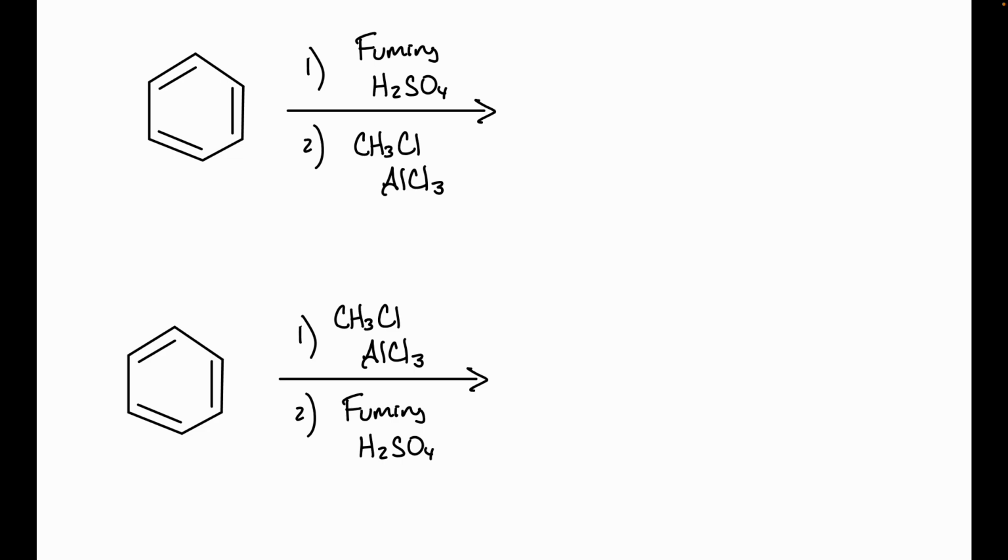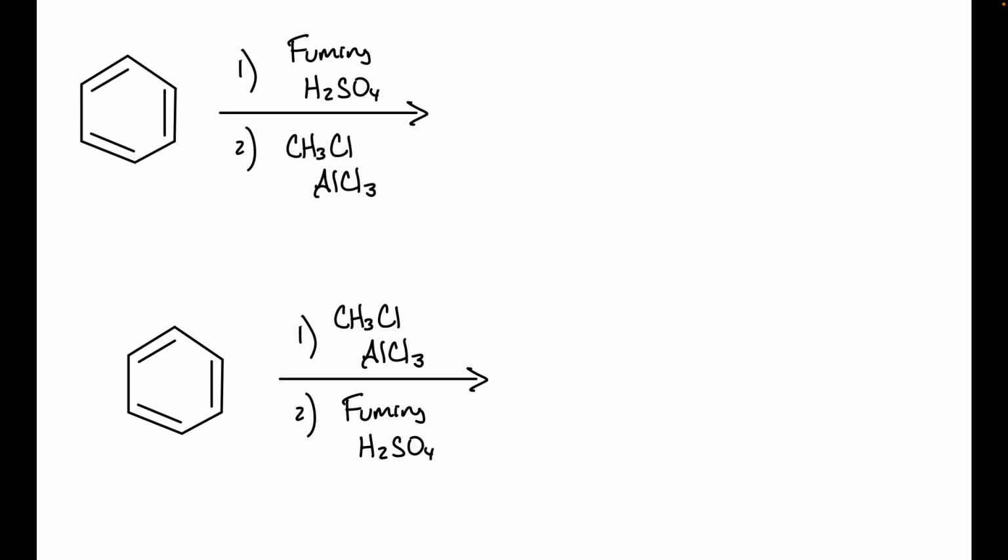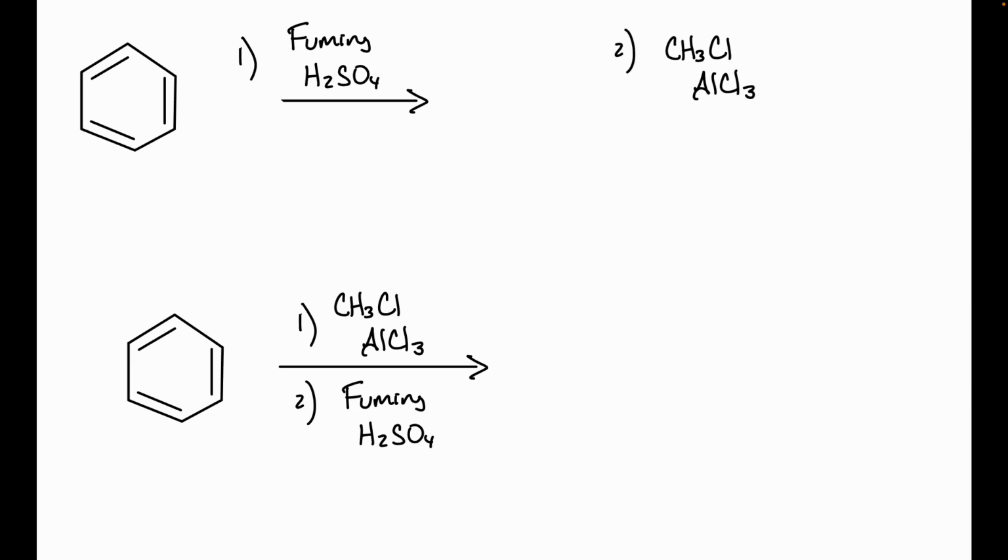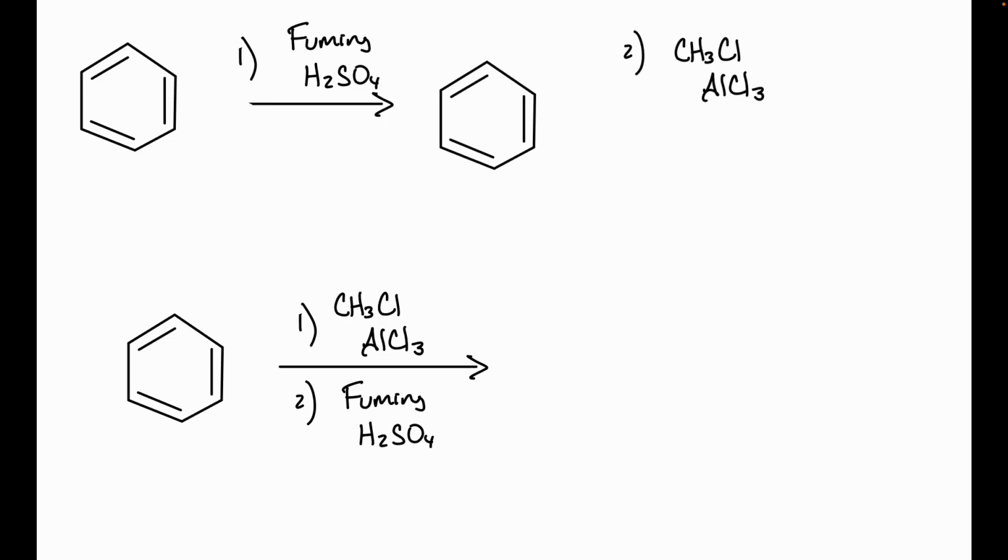All right, so let's break this into these two steps here. The first thing I'm going to do is treat it with that fuming sulfuric acid. That is going to put on that SO3H group, what we call a sulfonic acid group.